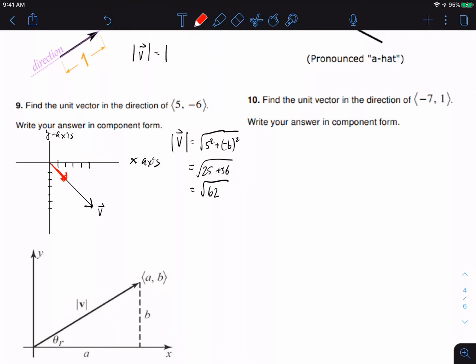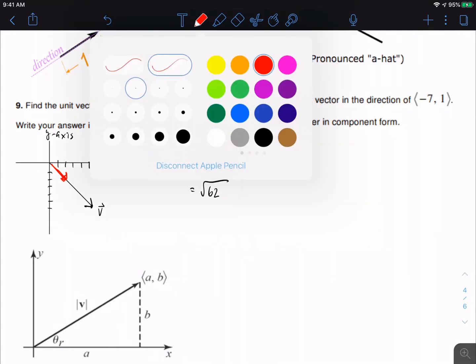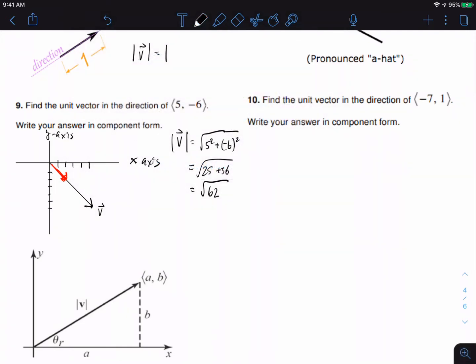Are you guys ready? It's going to be our vector v, whatever our vector v is, divided by the magnitude of the vector v. That is going to give us our unit vector.